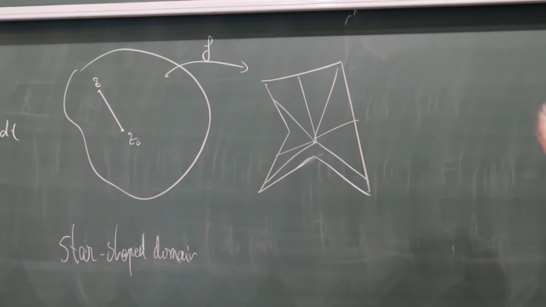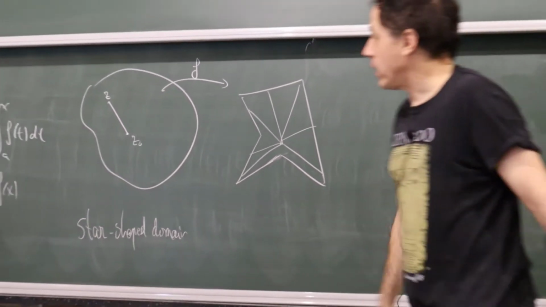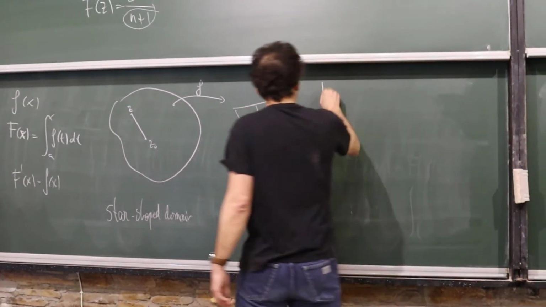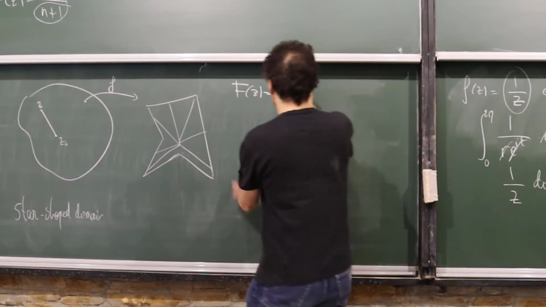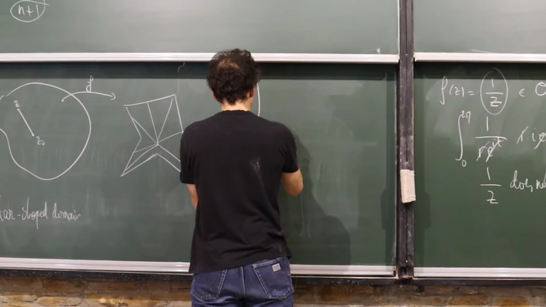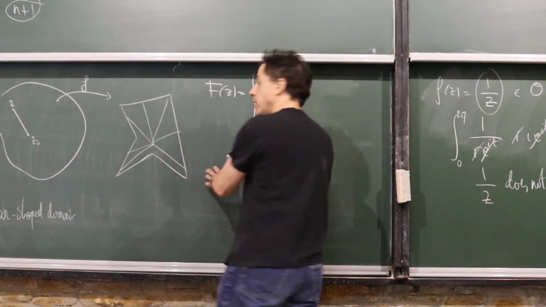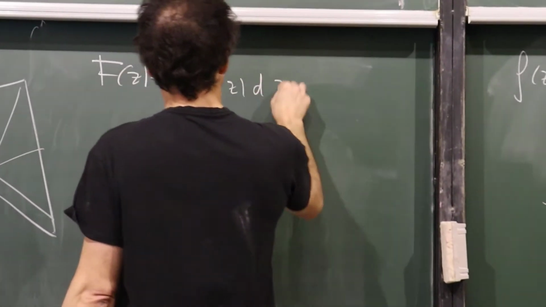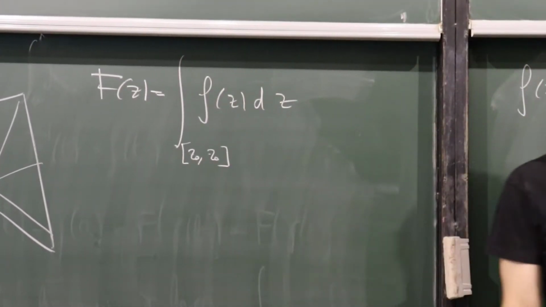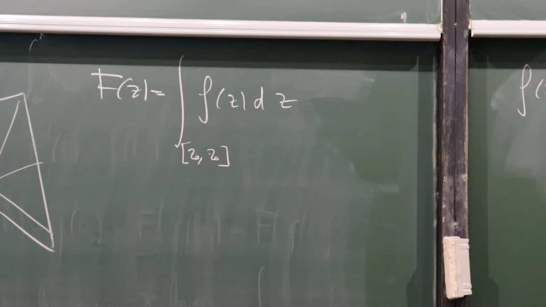So, assume you have a continuous function f of z, and define big F of z as the integral along the segment z0, z of the function f. What does it mean? You have to parameterize this segment.